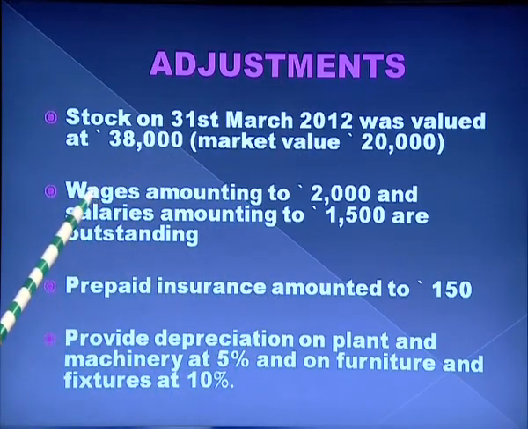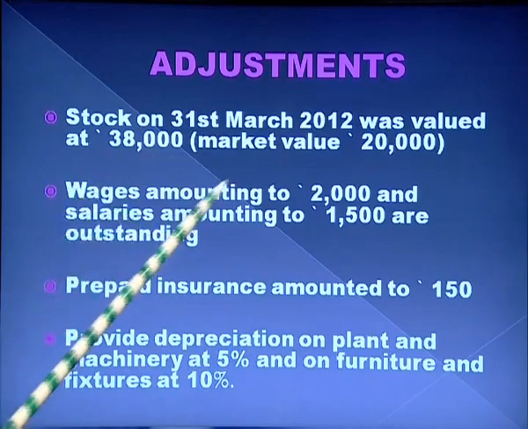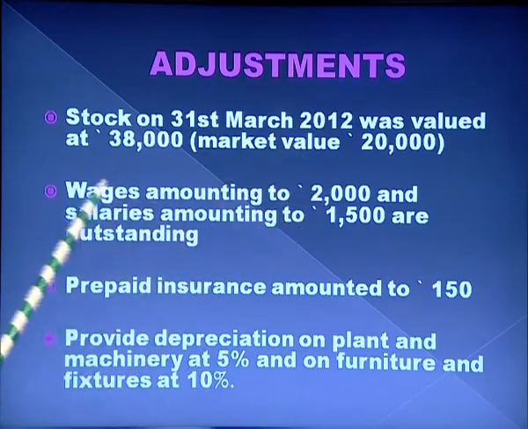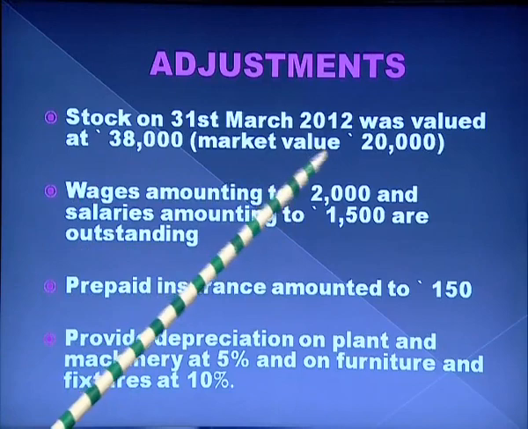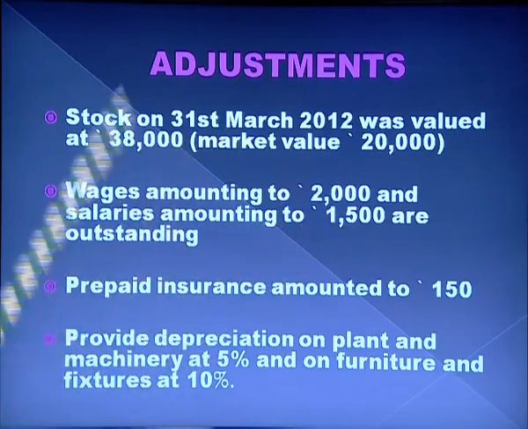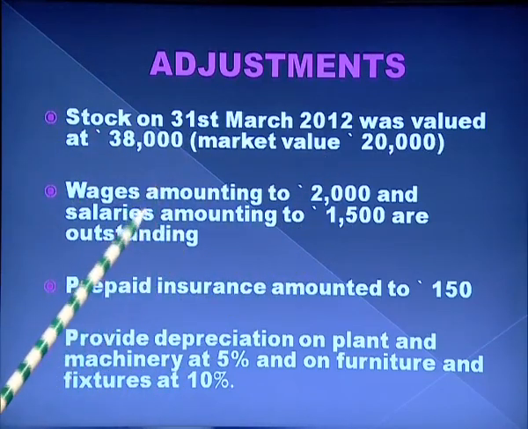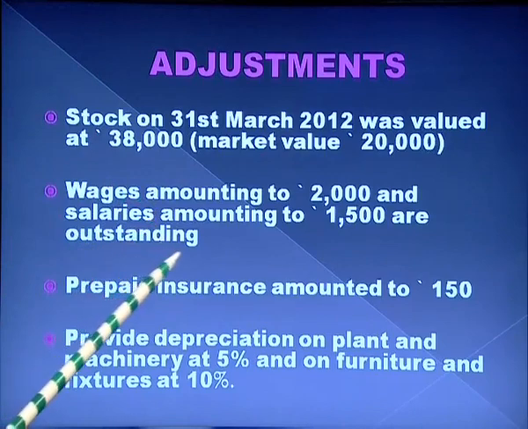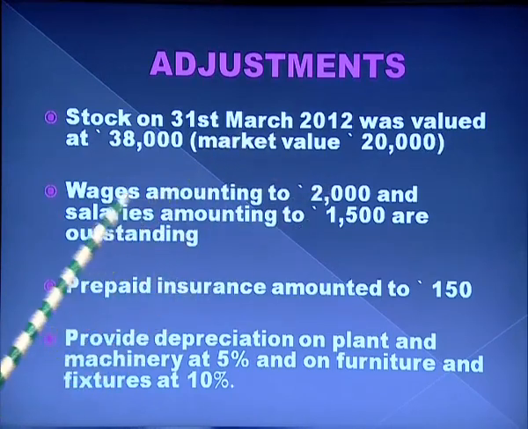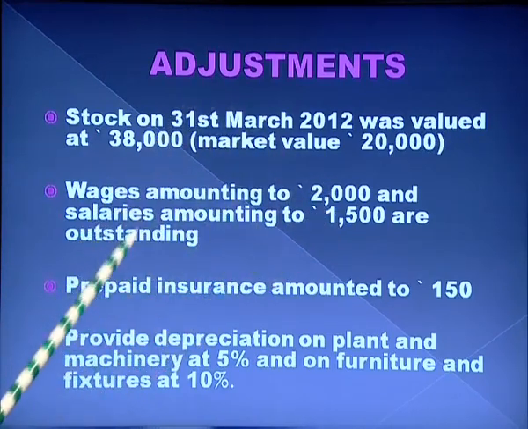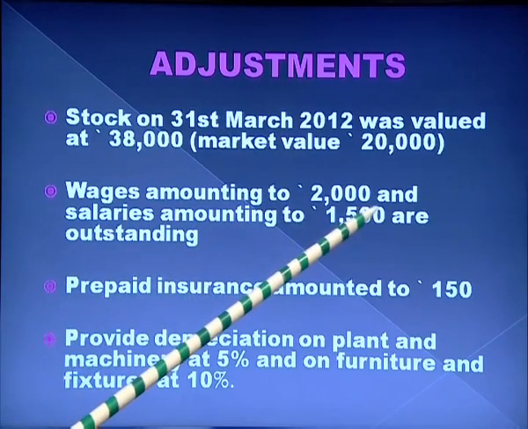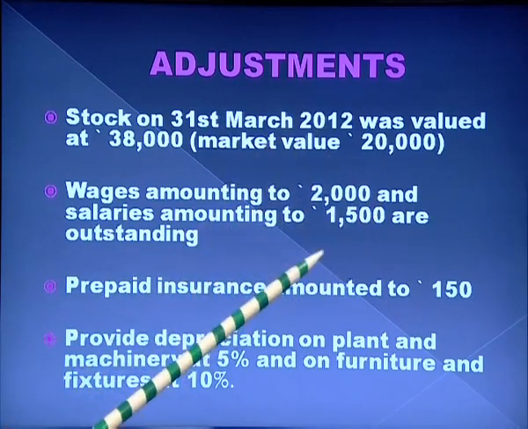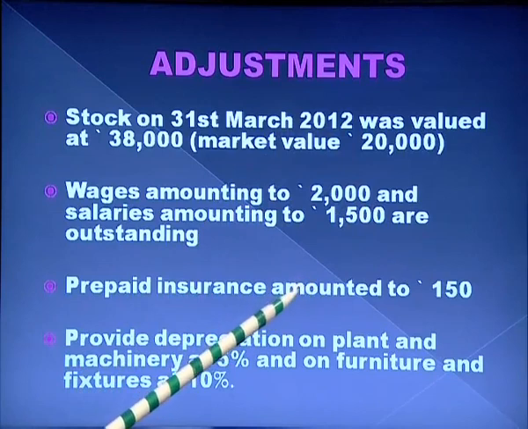Next adjustment is wages amounting to rupees 2,000 and salaries amounting to rupees 1,500 are outstanding. So, outstanding means we will add rupees 2,000 to wages and 1,500 to salaries, and the total is rupees 3,500. This is a liability, because outstanding creates a liability.